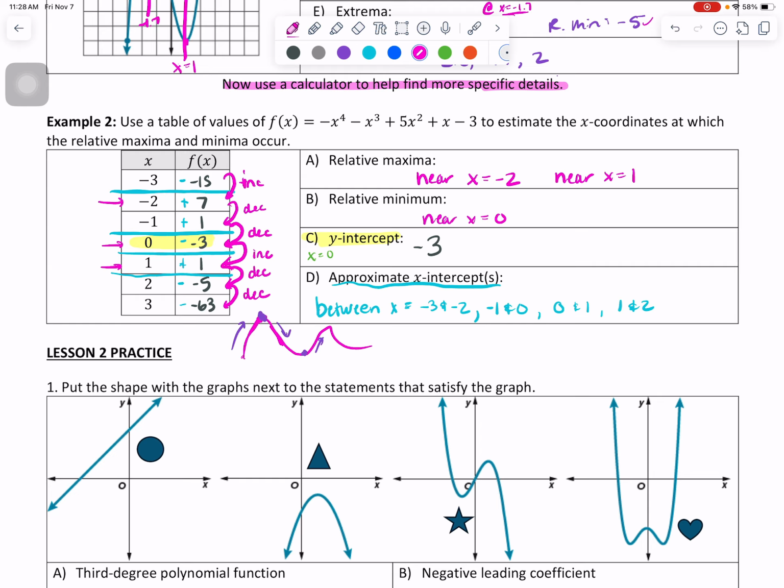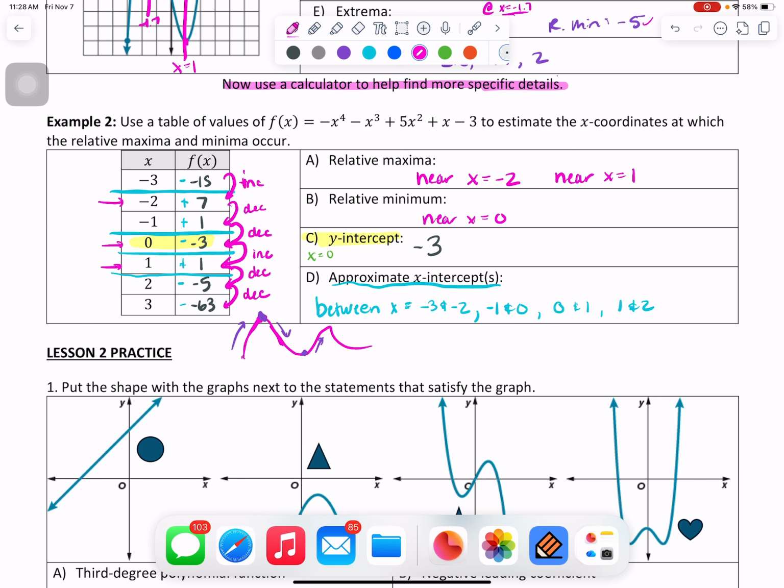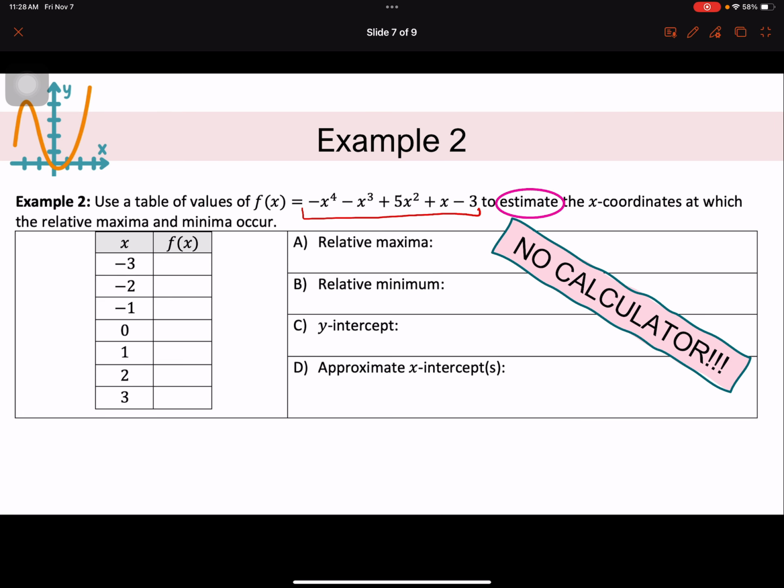All right, so that is how we looked at our answers. But what I want you to do is understand how to look at a table and find those things, or at least get near where the x values of those things are, except hopefully the y-intercept, if it's shown, you should be able to see.